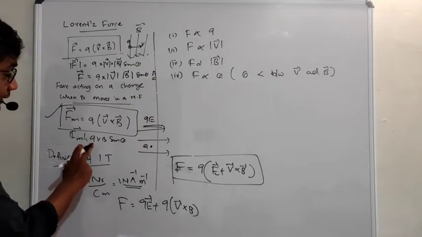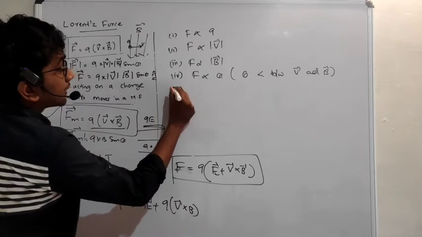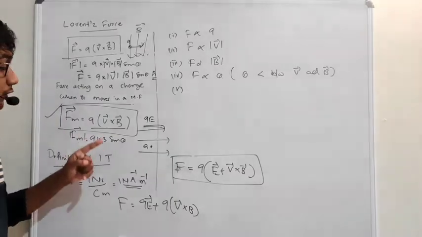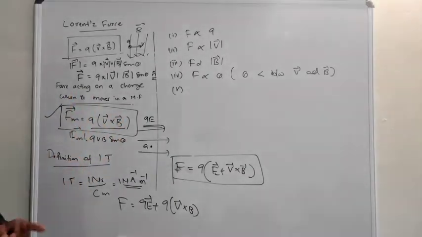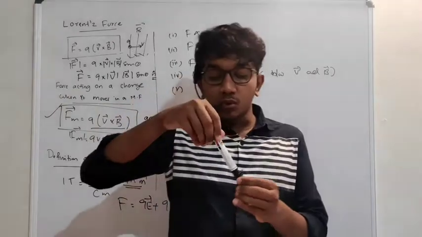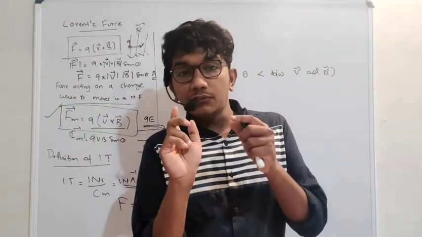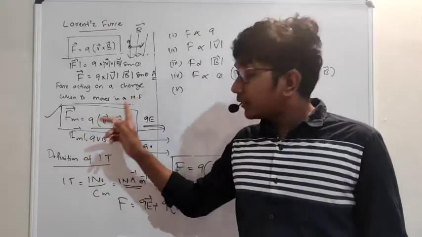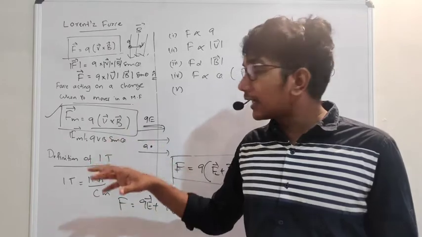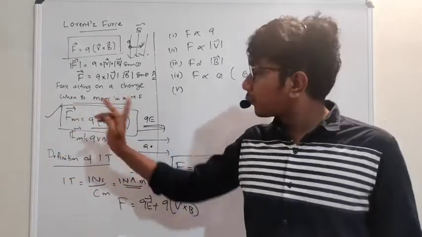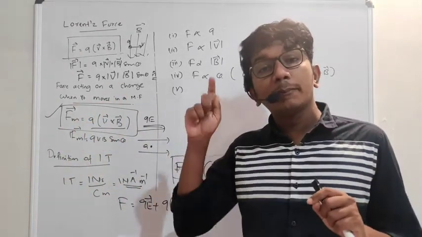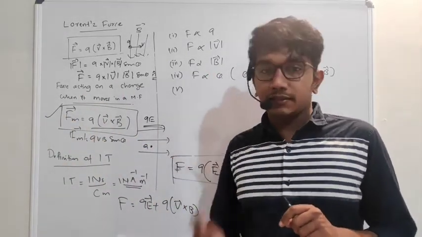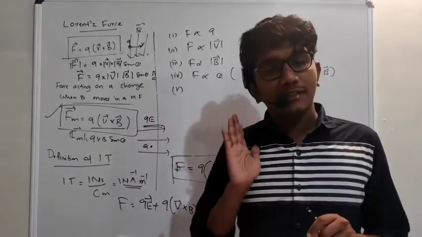And next we are going to discuss the direction. In which direction will the force act? It will be perpendicular to both V and B. We know the cross product rule, the screw rule, right? So B and V are at some angle theta, and the force will be perpendicular to both velocity and magnetic field.